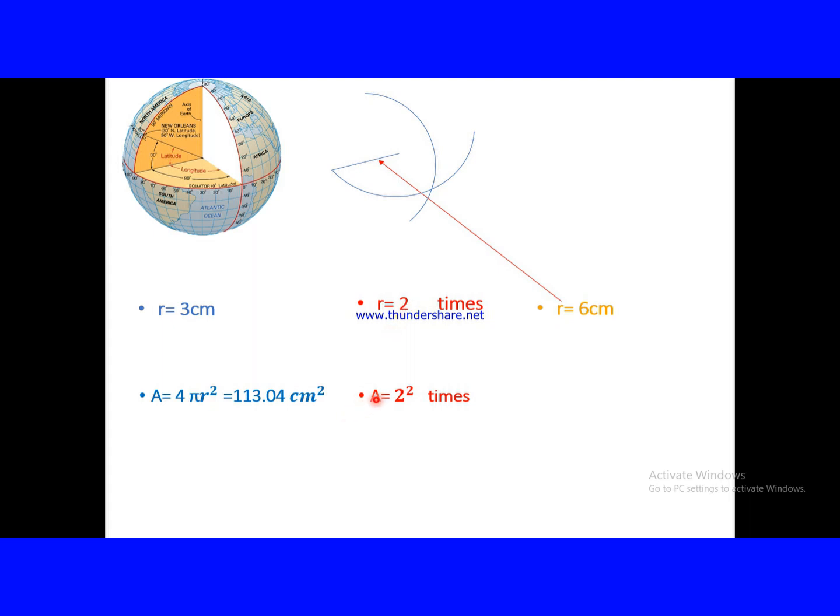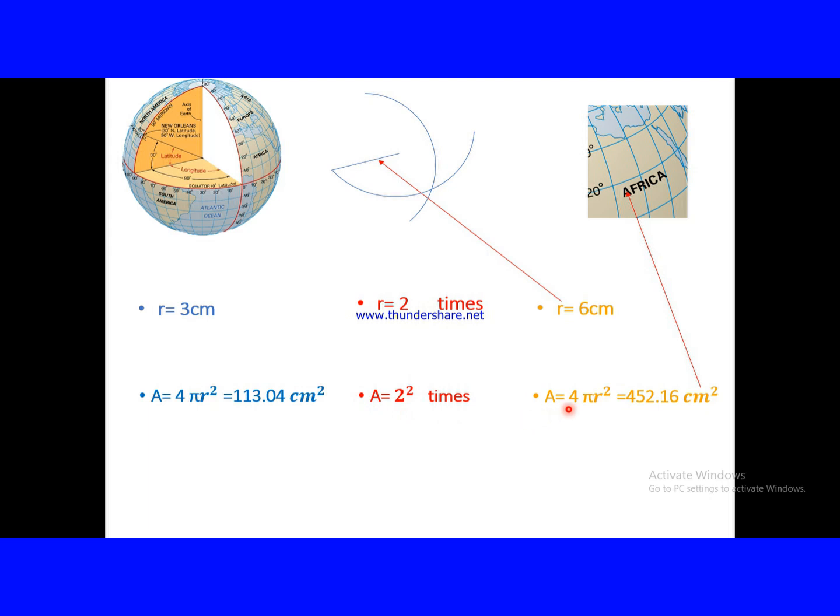Therefore, the surface area is enlarged 2 to the power 2 times because it's two dimensional. The dimension is used as the power. So 4 times, and therefore the surface area of the larger globe is 452.16 square centimeters. Now, what would be the change in the volume of the larger globe?